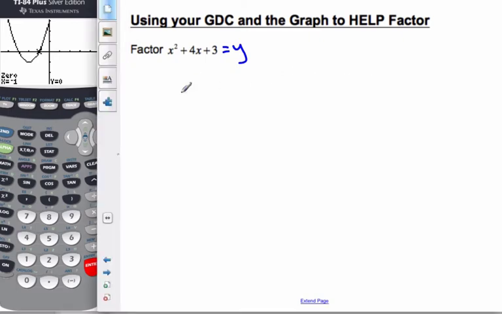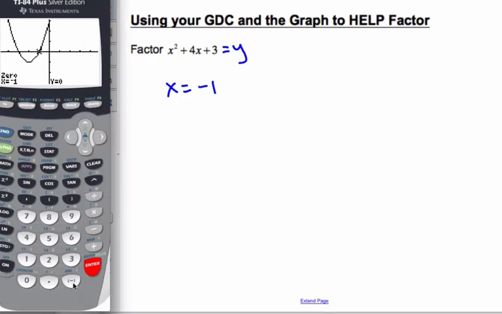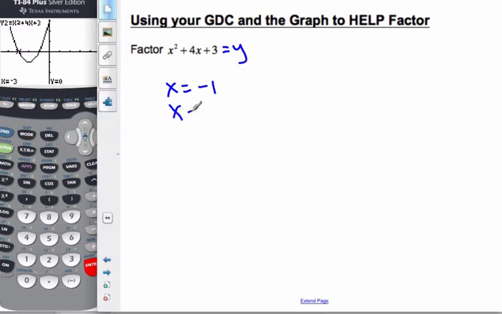So I know one of my x-intercepts is -1. Also, if I look here, I'm going to guess this is -3, and I can see the y value is 0, and so my two x-intercepts are -1 and -3. I can use this idea to help me factor.